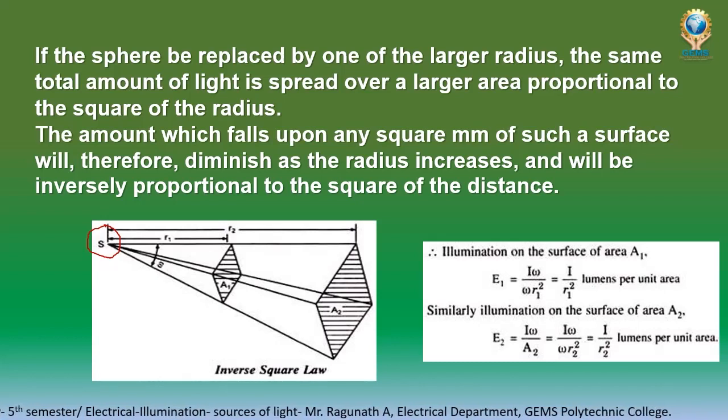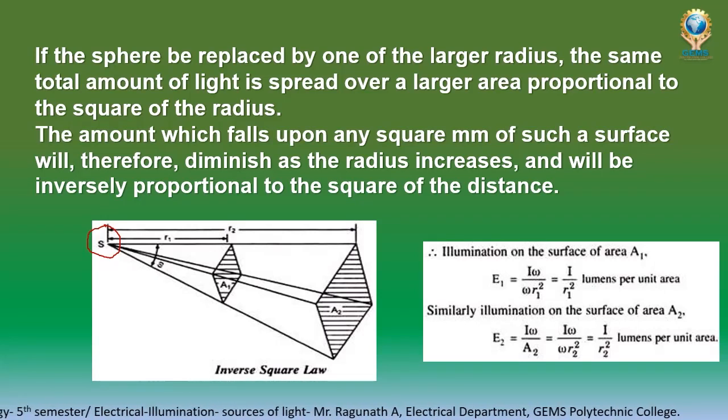So that is how we can understand this law: the square of the distance between the source and the surface is inversely proportional to the illumination.